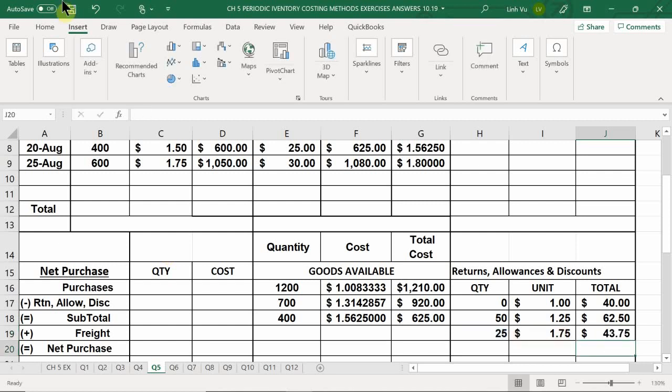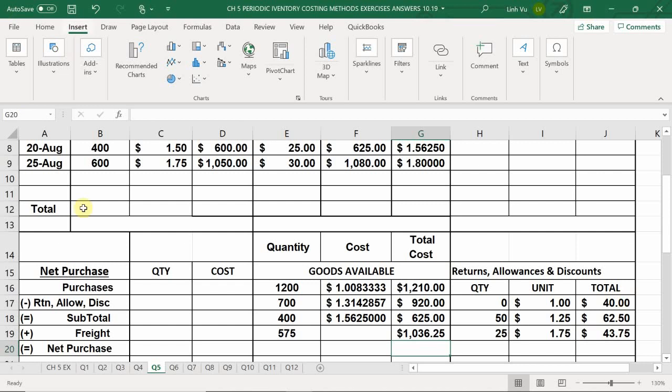$43.75. So in this case, I definitely made changes to my quantity because I started out with 600, but I end up returning 25 of them. And of course, I also have a new total cost because I also end up getting a full refund. So therefore, it reduced the amount that I have. So it's now dropped my value to $1,036.25. Okay.